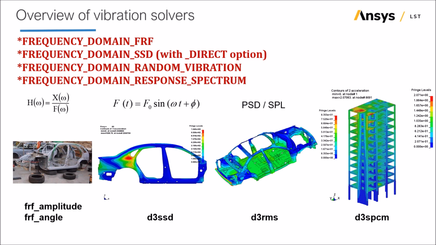The steady-state dynamics now has an option to use direct solution instead of modal superposition. There is a random vibration capability, and there is response spectrum analysis, in which the peak response is found by summing modal contributions based on an input spectrum curve. That's a method used in earthquake engineering, among other applications.